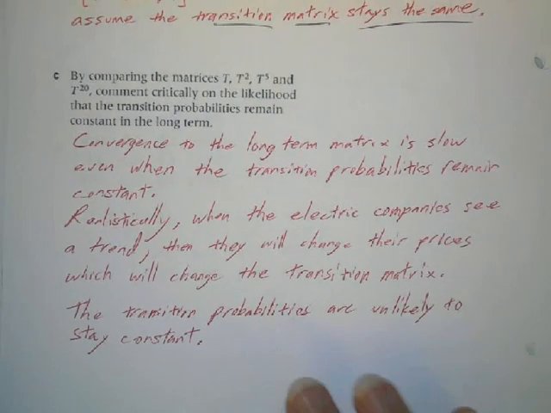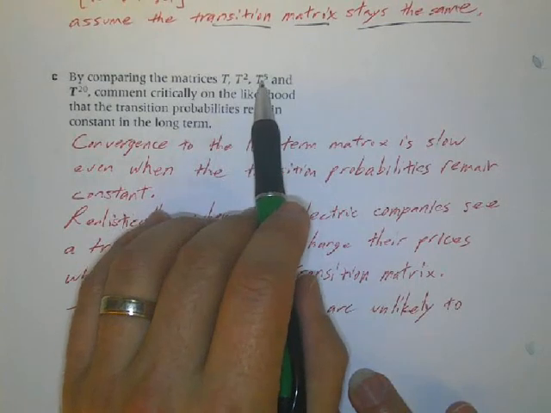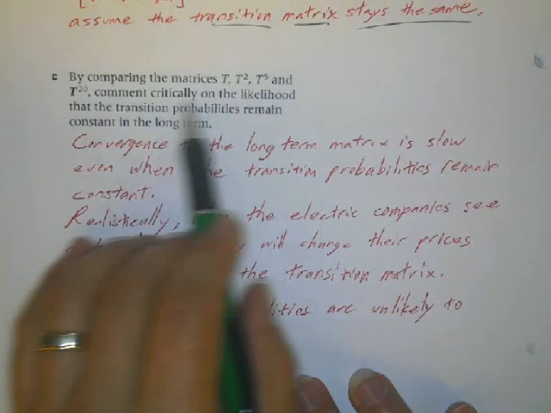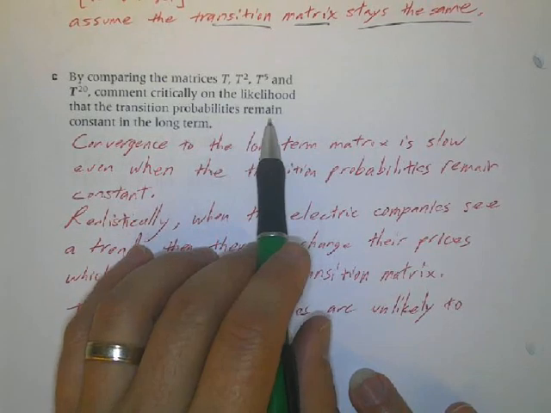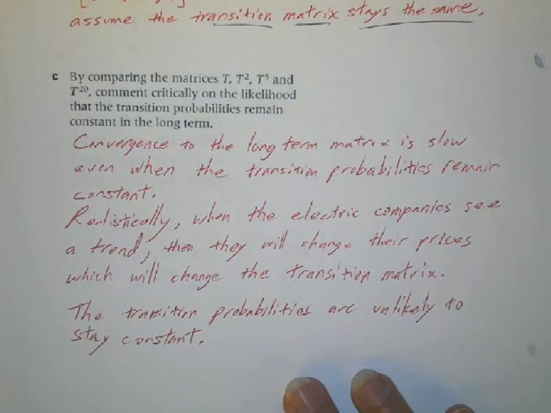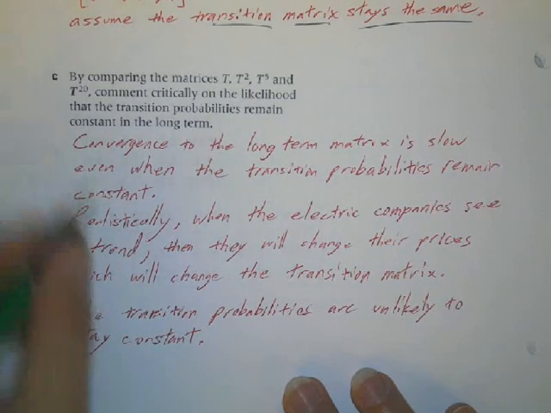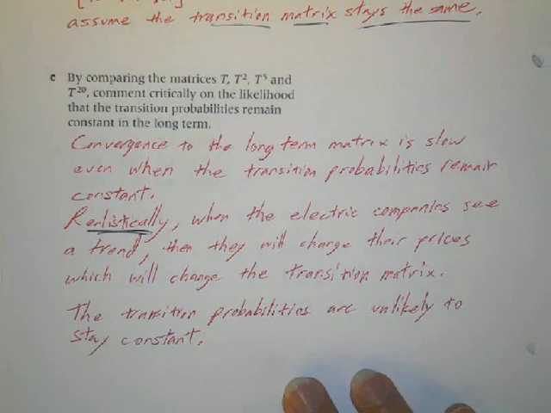Okay, question C. By comparing the matrices T, T squared, T to the fifth, T to the 20th, comment critically on the likelihood that the transition probability remains constant. Okay, so realistically, it's probably not going to happen.